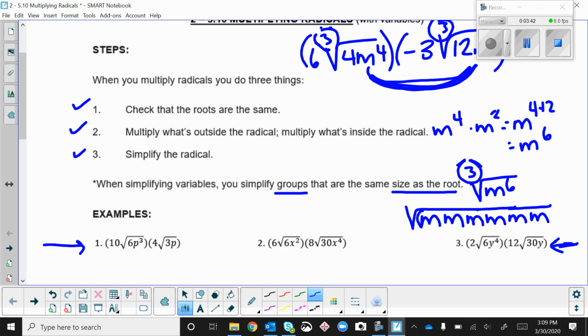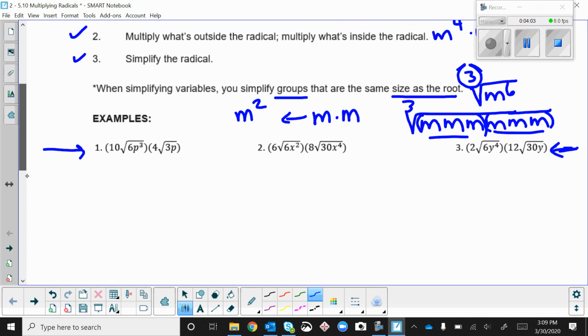So there's a group of 3 m's, and there's a group of 3 m's. You pull out 1 m for the first group, 1 m for the second group, and that would be m squared, and that's how you would simplify that radical. So you're looking for groups of 3. So that's our goal for today.